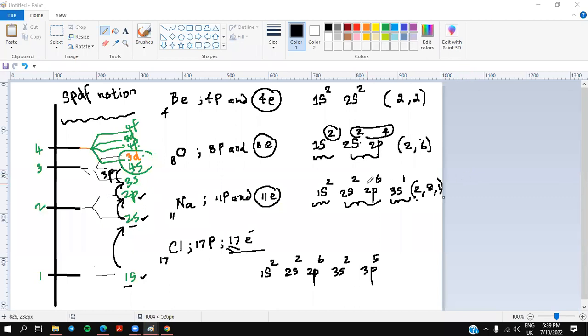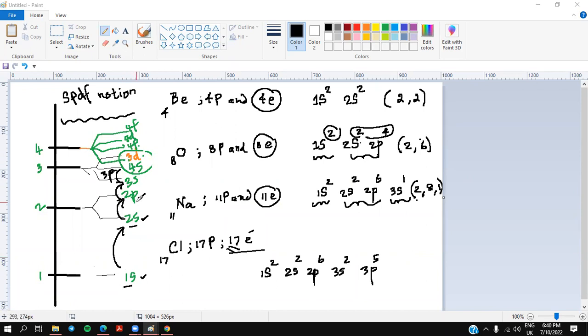Even though I have shown the electronic configuration writing for a couple of atoms like beryllium, oxygen, sodium, and chlorine, you will have some difficulties when you write electronic configurations upwards in this chart. Why? Because there are some overlappings happening.